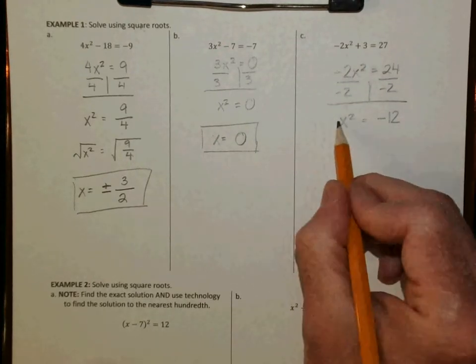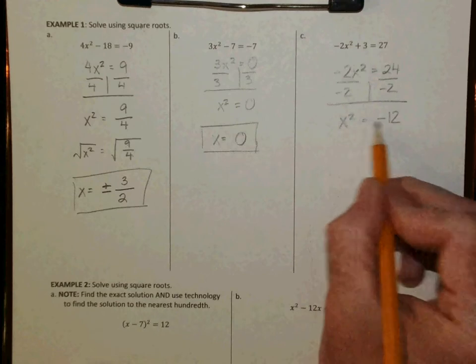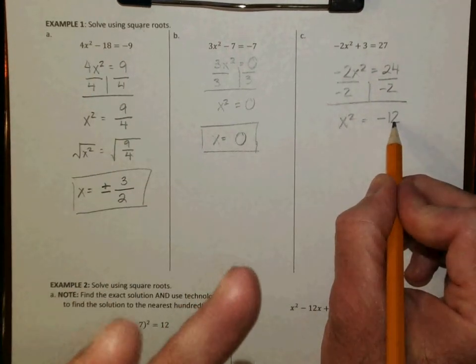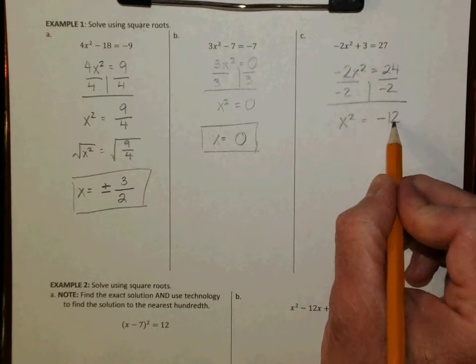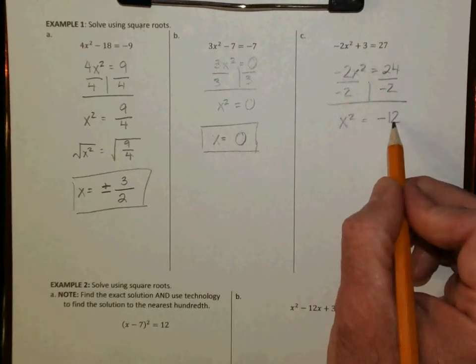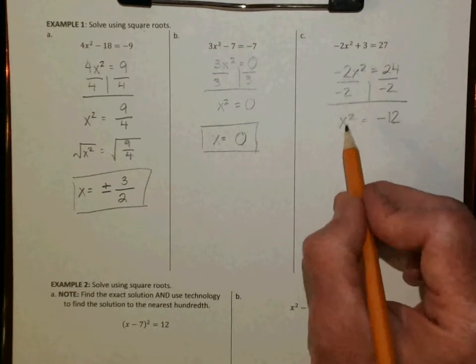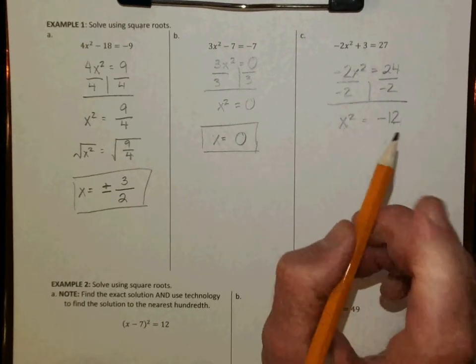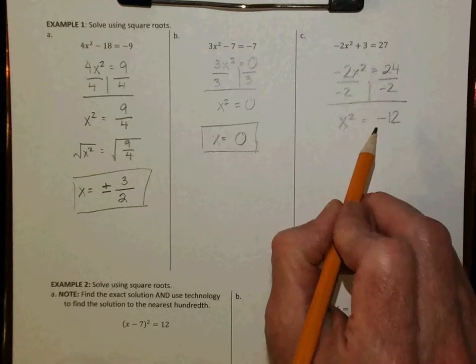Now, there's a problem here. Something squared is equal to a negative, because remember, multiply two positive numbers together, you get a positive. Multiply two negative numbers together, you get a positive. So there's no way to get x squared equal to negative 12 in the real numbers.